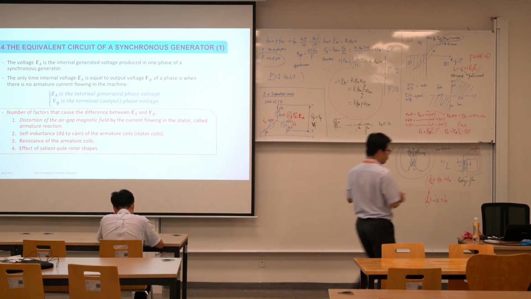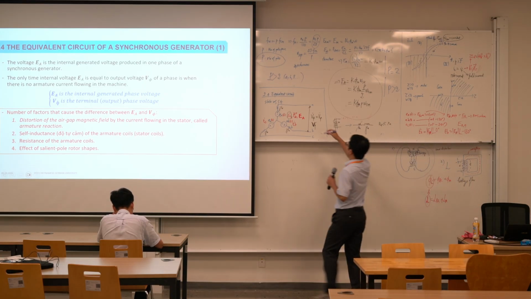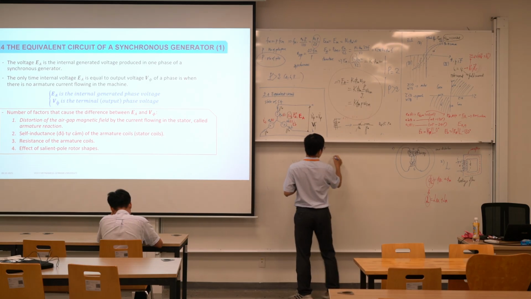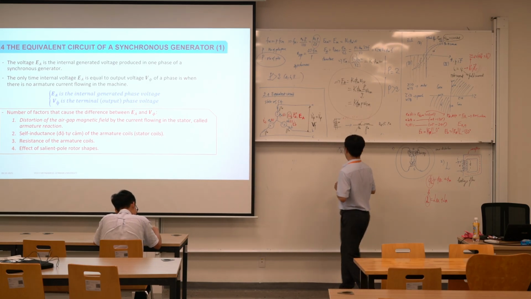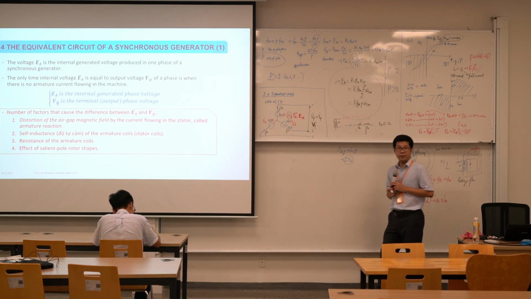So if we have more L, that means more XL. XL is omega L. So more L, more XL, more voltage drop caused by I XL.